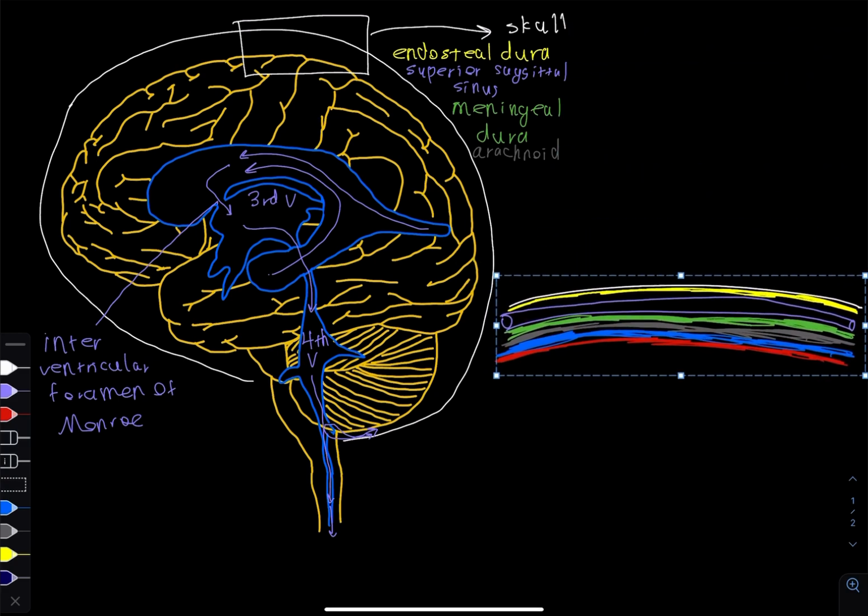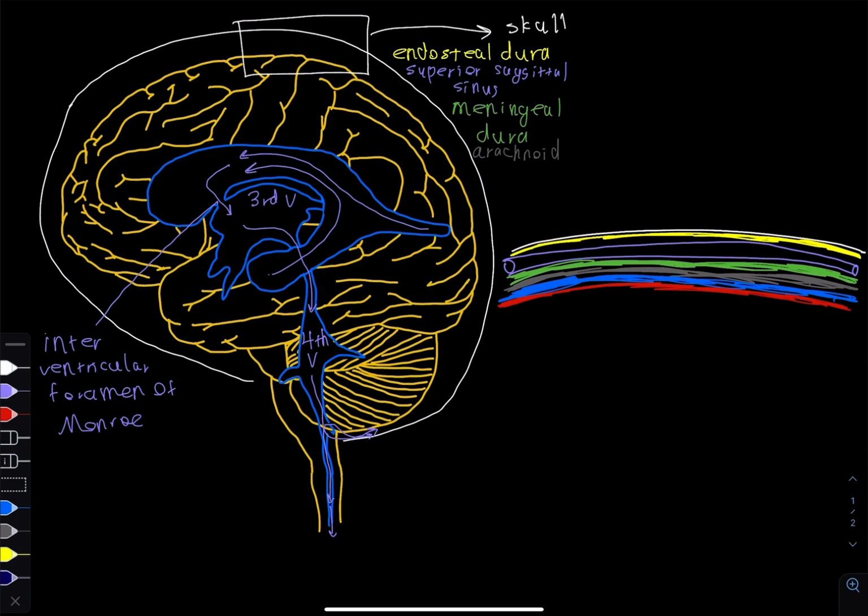Enlarge this a little bit to see it better. When the CSF flows through the subarachnoid space around the brain, it's going to reach the area over here.